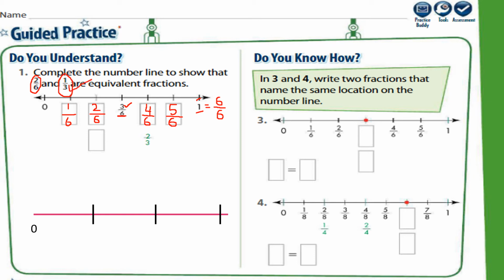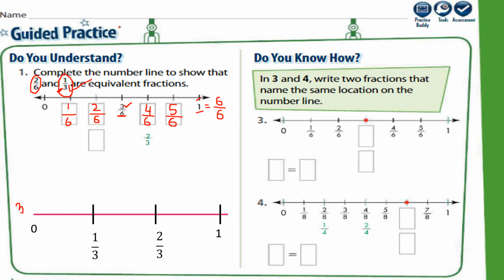Here the denominator is 3, that's why I want 3 equal parts on this number line, and the last part will be the whole. The fraction for the first part will be 1/3, very good, and the fraction for the second part will be 2/3, excellent.